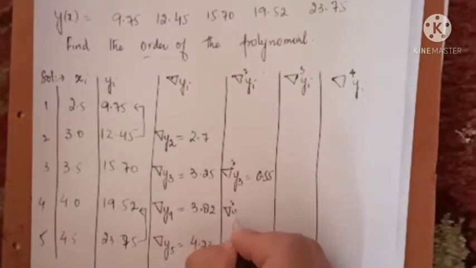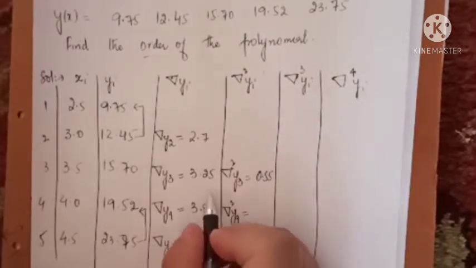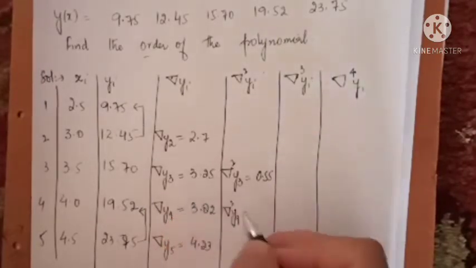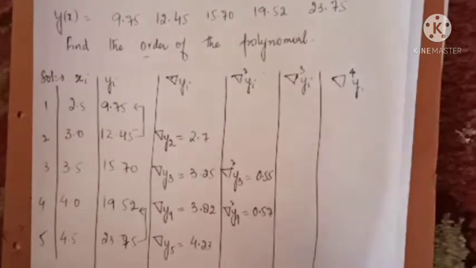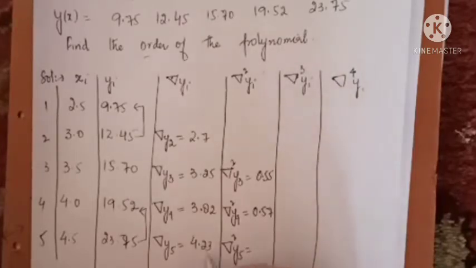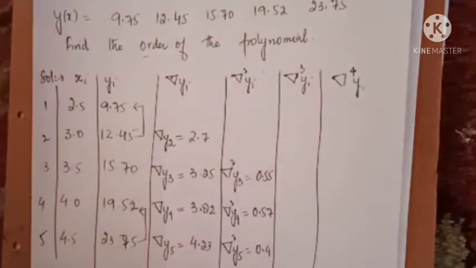Delta square y4 will be equal to 3.82 minus 3.25, so the value will be equal to 0.57. Similarly, the second order y5 will be equal to 4.23 minus 3.82, so the value will be equal to 0.4.